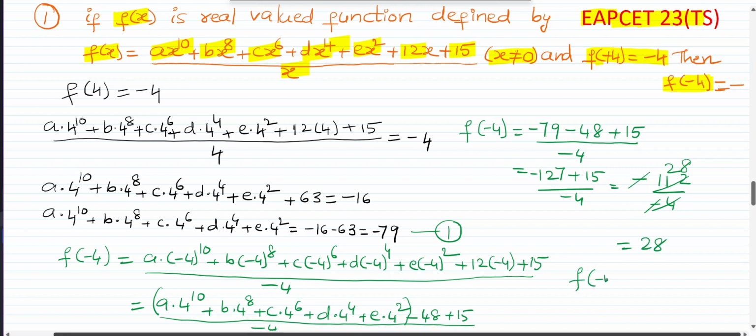Therefore f of minus 4 is equal to 28. This is the required answer.